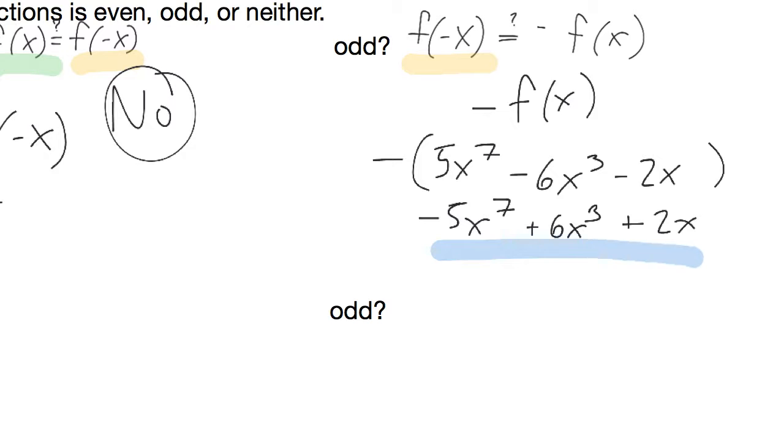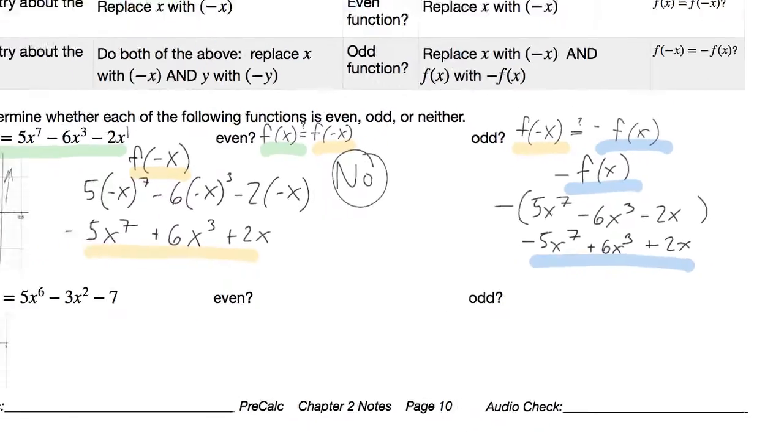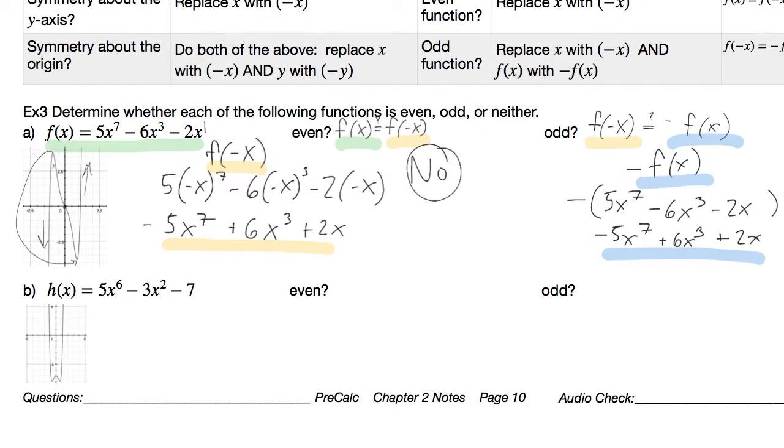The question is, is f of negative x equal to negative f of x? And you can see the blue and the yellow parts, yeah, they are equal to each other. So the answer is yes, this function is odd. We saw that visually with the graph, and we saw it in the exponents. That kind of gave us a clue, but really the way to confirm it is to do the algebra and confirm things with the equations.